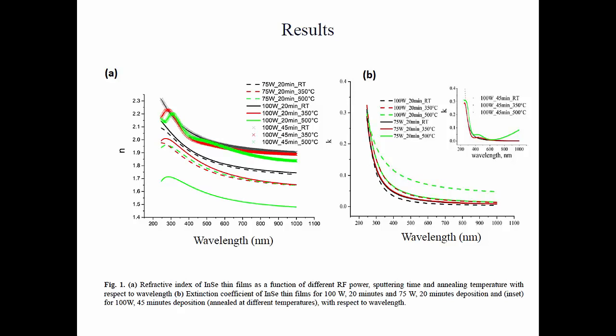So we can use this data to model those photonic devices, as well as if you want to model some metamaterials with this indium selenide material, you have these n and k values, and you can model those devices.